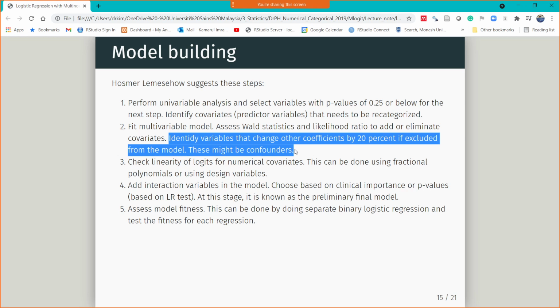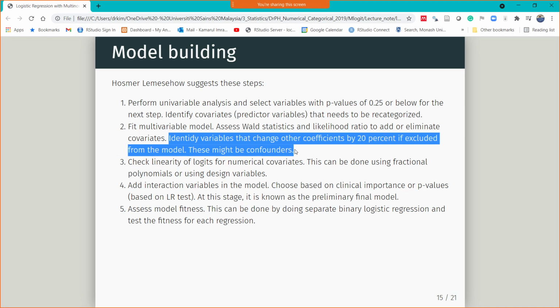If they change greater than 20%, it means that removing it changes quite meaningfully the value of other variables. So it means that variable D might be a confounder. And you know that a confounder should stay inside the model. They should not be excluded.